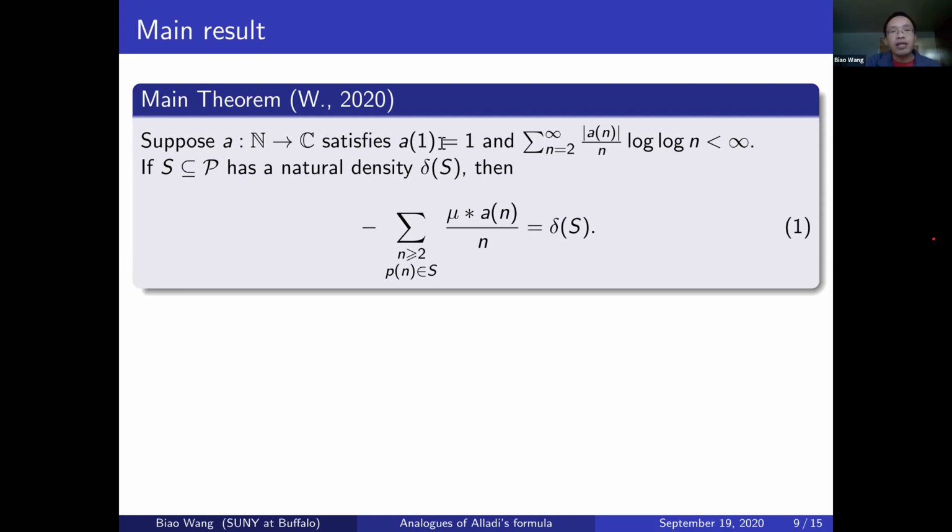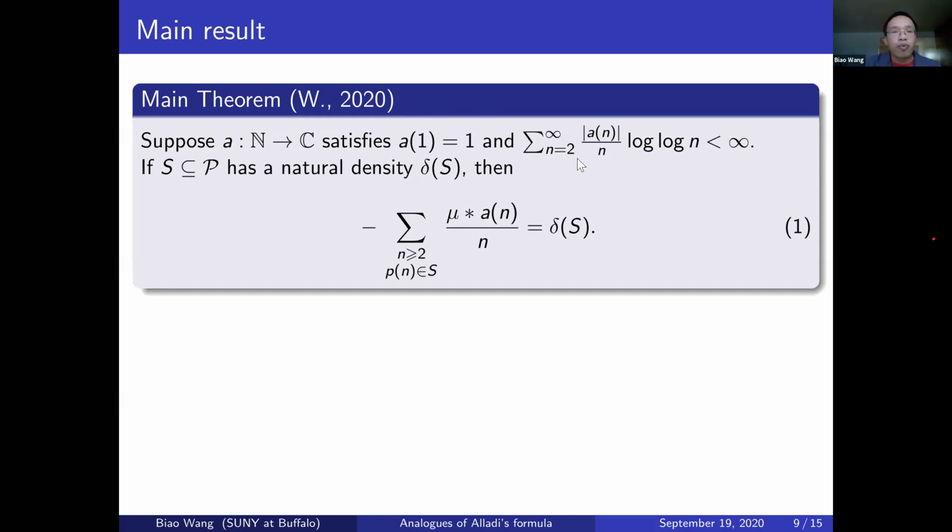And if we have those two conditions, then we can get the following analog of the lattice formula. Here, we can replace mu by mu convolved with A. So here, mu star A is the Dirichlet convolution of mu and A.